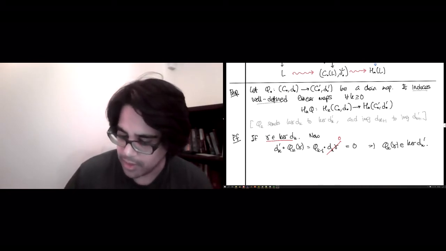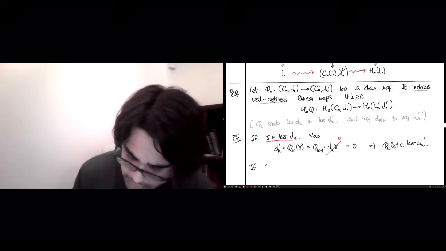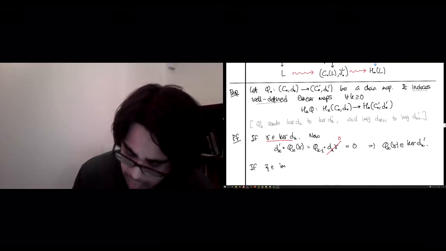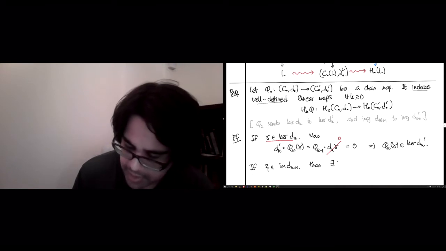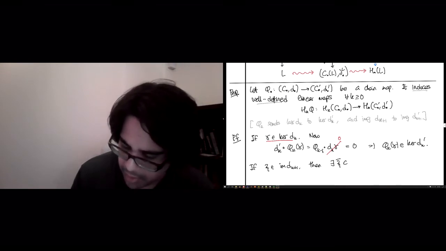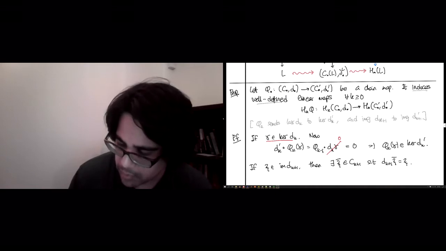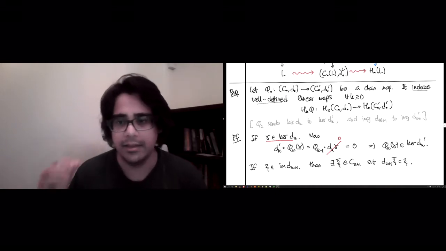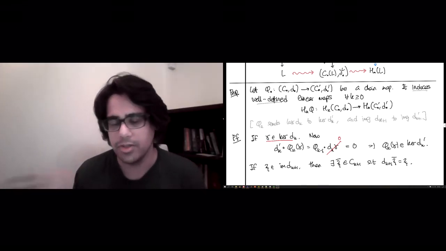Now let's go to the next stage, which is for the images. So if xi is in the image of d_{k+1}, then there exists something in the k plus 1 chains whose boundary gives you xi. So there's some xi hat, so that when you attack it with the k plus first boundary operator, the chain you get is xi.